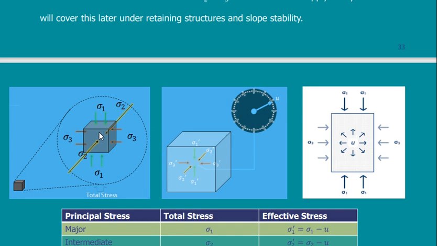stable? Am I speaking about a soil element that is moving from one place to the other? If I push this mobile, it will move. But if I tell you that I'm pushing this mobile and it is not moving, it means that there is an equal and opposite force in the opposite direction that is preventing it from motion. This is what happens.